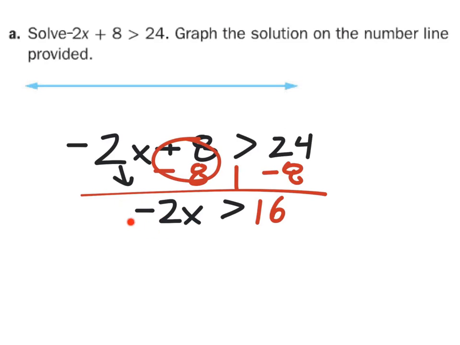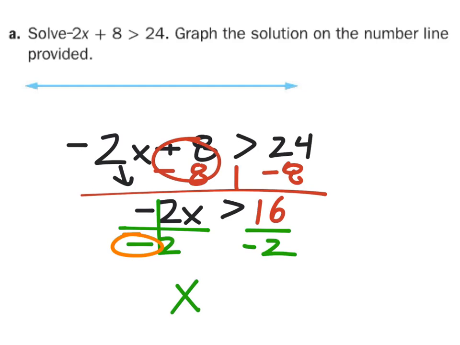Since this coefficient is a negative, when I apply this division principle of equality, I divide this side by negative 2 to make that coefficient a phantom positive 1. If I divide the other side by negative 2 right here, then I get x. But because we divided both sides by a negative, it's going to flip that inequality. So now it's x is less than negative 8.